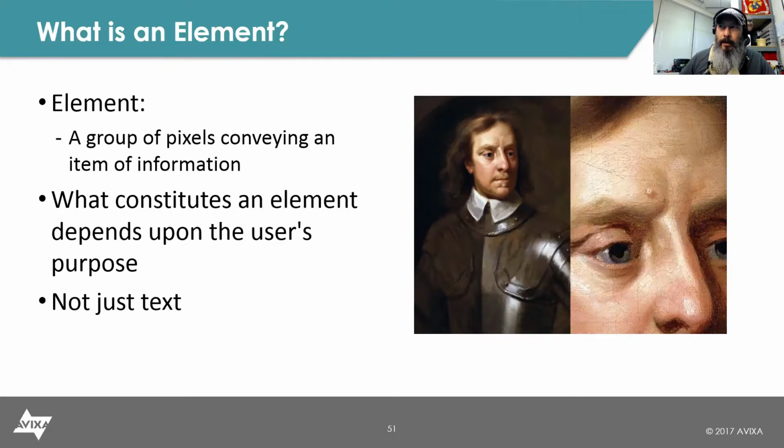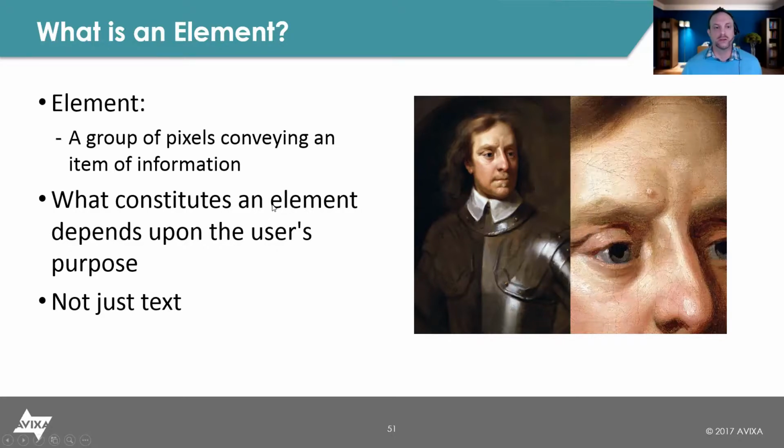But if you think about it, a 10-point capital W is not the same as a 10-point lowercase e. Even a lowercase p is different than a 10-point lowercase e. So this p is going to take up a lot more pixels than this e or this s.